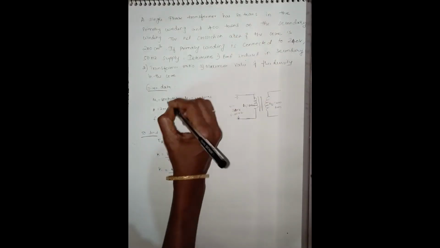Therefore, K is equal to N2 by N1, 400 divided by 800. Sorry, it is given as 80 turns.